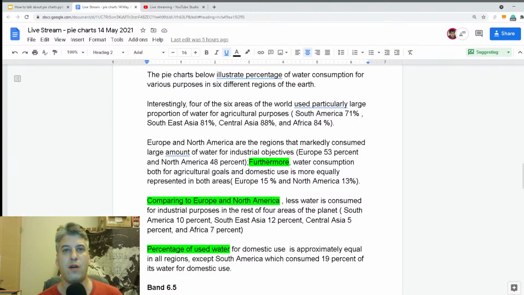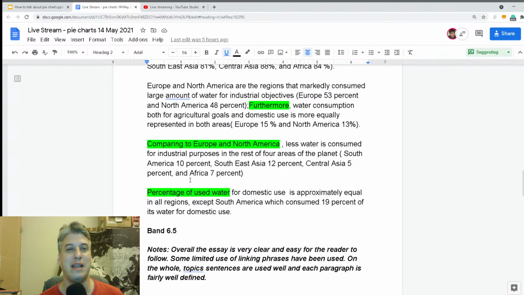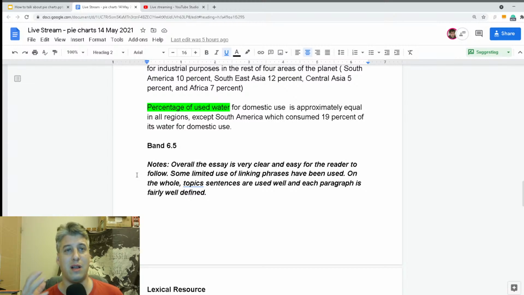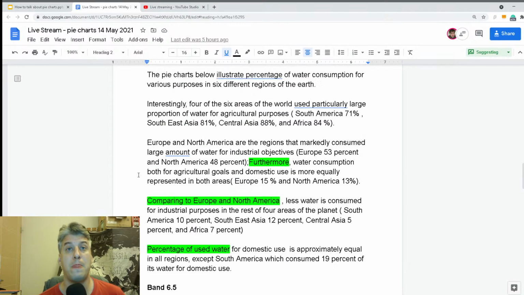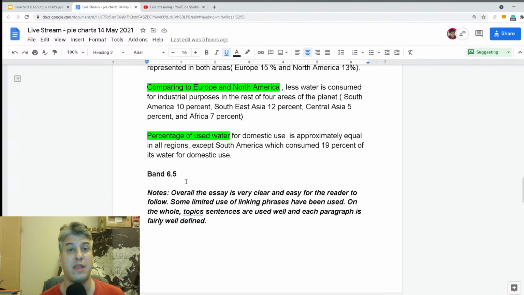I've highlighted things like furthermore, comparing to Europe and North America, and percentage of used water. We'll talk about that in a moment. For this criterion, the student would probably get about 6.5. Overall the essay is very clear and easy for the reader to follow, because it's really well defined and the sentences link on from each other.